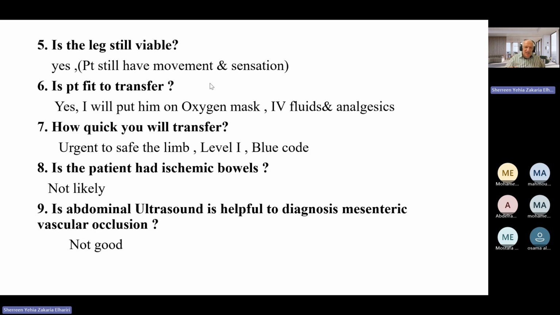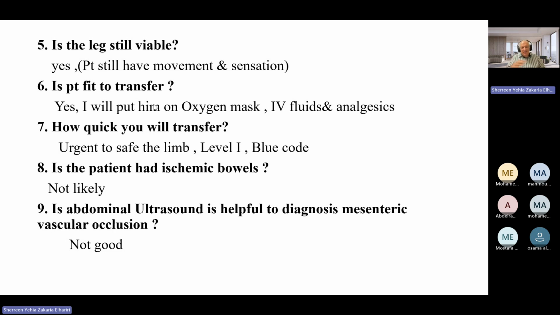To be stable, you must control potassium, you must control metabolic acidosis, you give oxygen, you start anticoagulant, Clexane or heparin or whatever. So you need to stabilize the patient and transfer him, because most probably he will need urgent operation. So you don't need to waste time controlling the metabolic acidosis and potassium, and it is easy to do in your hospital.